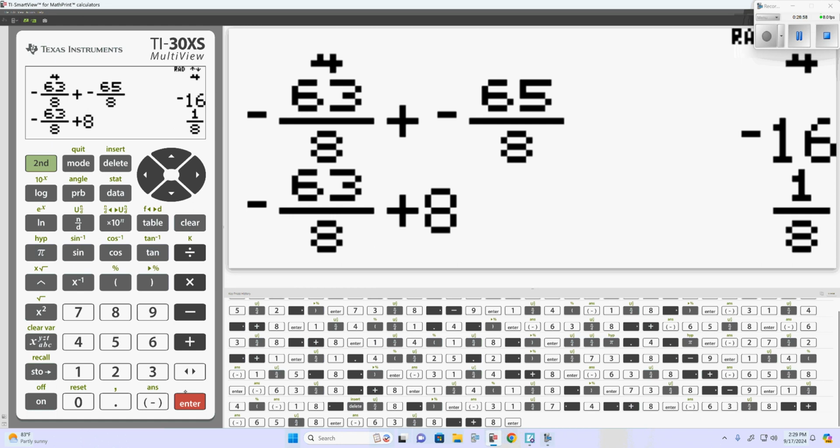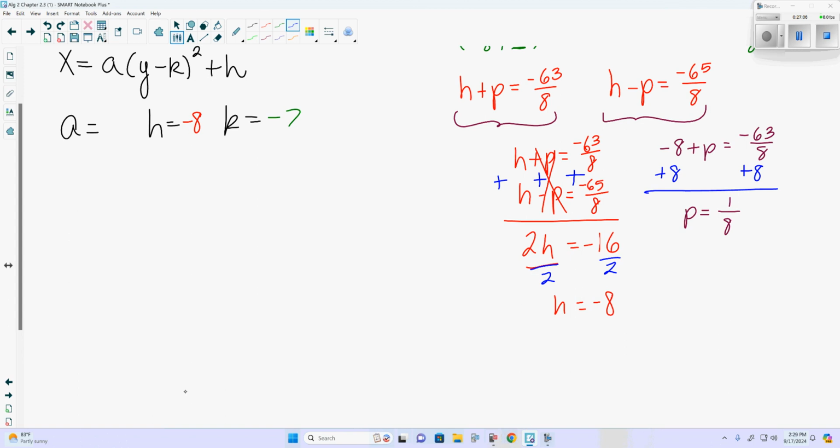I would say that that's awesome. But I've also done this problem for the third time today, so I should know the answer by now. The only thing we need to find now is a, 1 over 4p, which is 2.